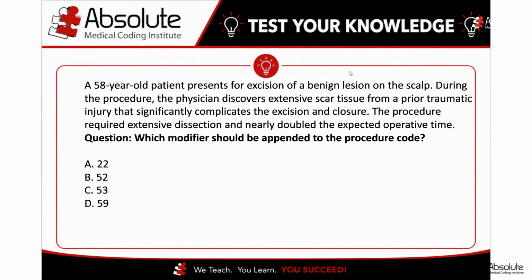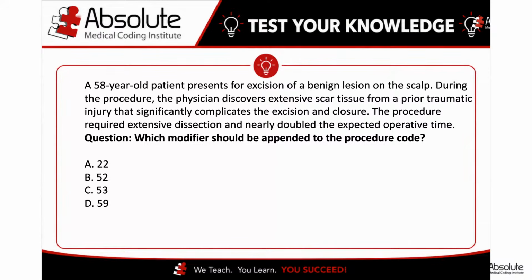Okay. All right, so I have a scenario here, and we're just going to go with the flow. If you can read it ahead of time, that would be fantastic. If you want to wait for me, that's good too. Which modifier should be appended to the procedure? Modifier 22, 52, 53, or 59? A 58-year-old patient presents for excision of a benign lesion on the scalp.